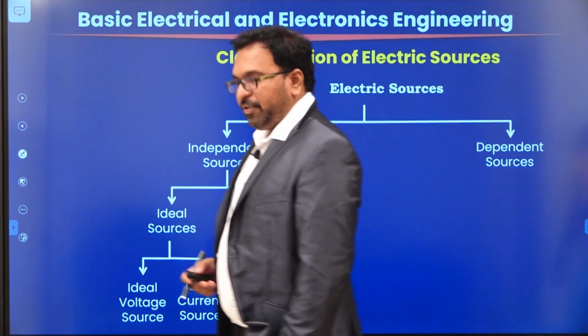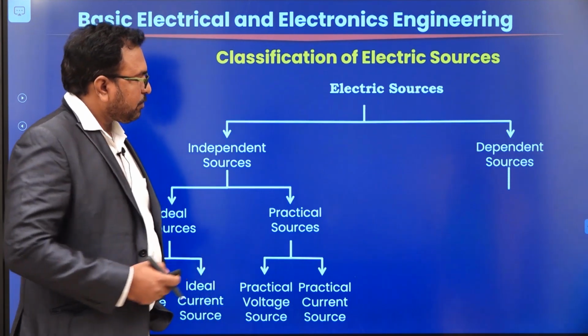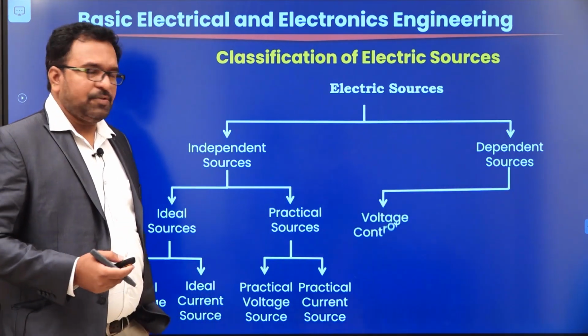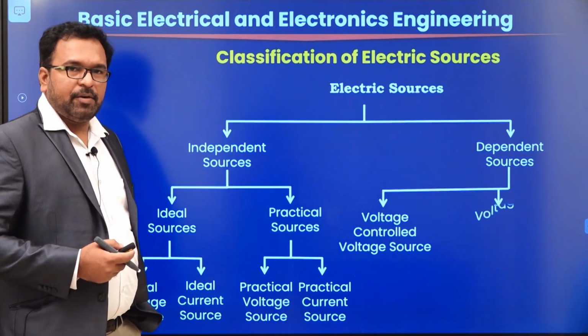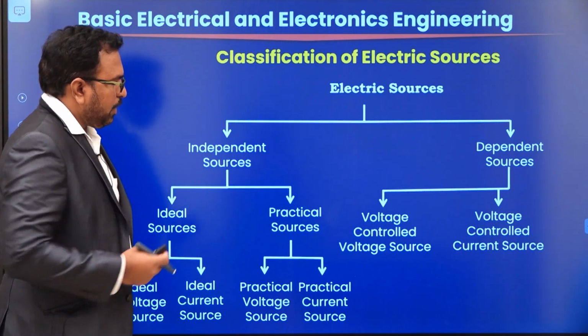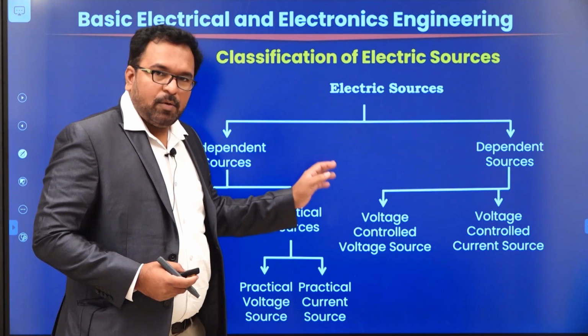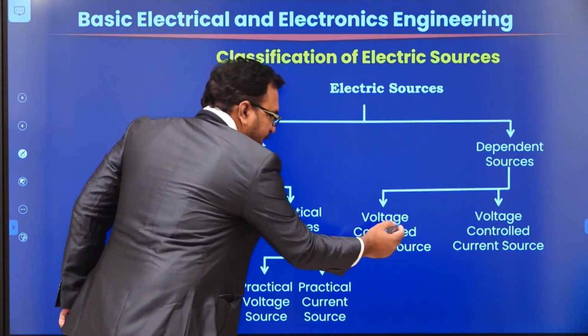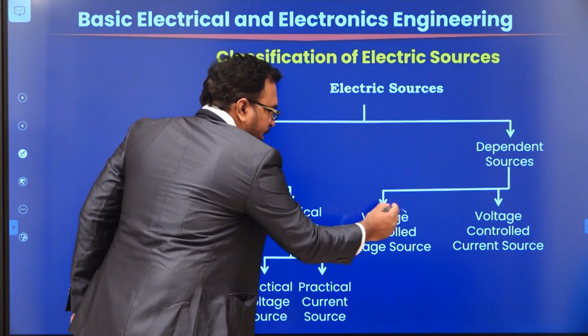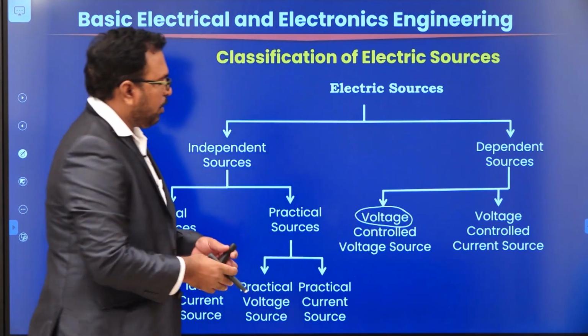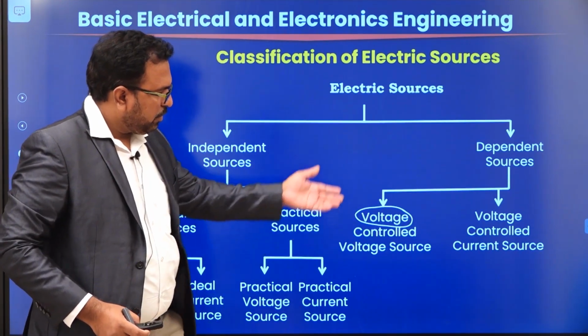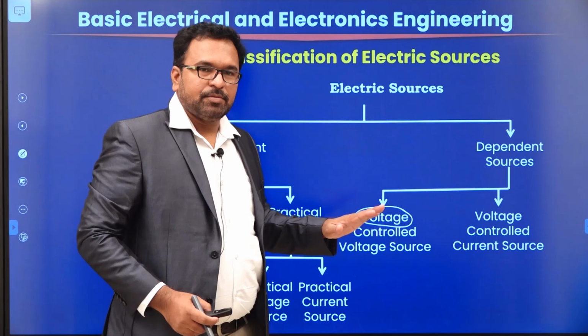Now if you see the classification of dependent sources, these dependent sources are classified based upon the parameter involved in the circuit. First of all, there are two types of dependent source which are controlled by the voltage. That means the voltage is the factor that is going to be controlled. So the voltage controlled voltage source and voltage controlled current source.